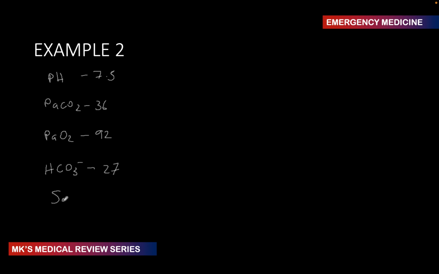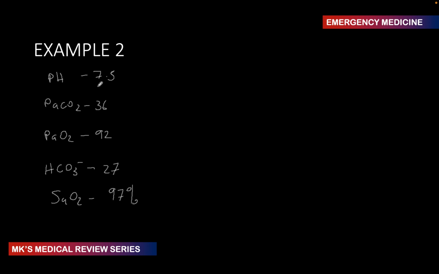And our oxygen saturation is 97. Okay? Those are the values. I want you to work out the acid-base status of this patient. You may pause the video right now and work out the answer. I said pause the video. Why are you letting it play? Pause. Okay, so here's the answer.